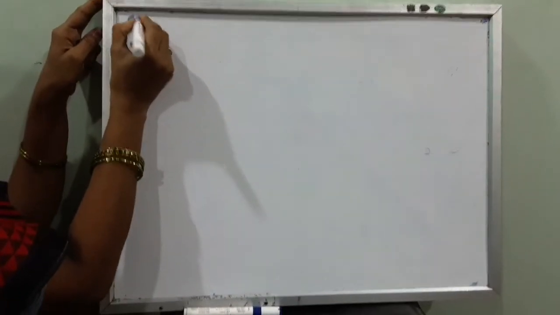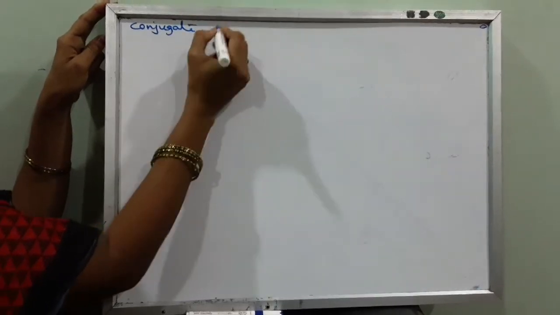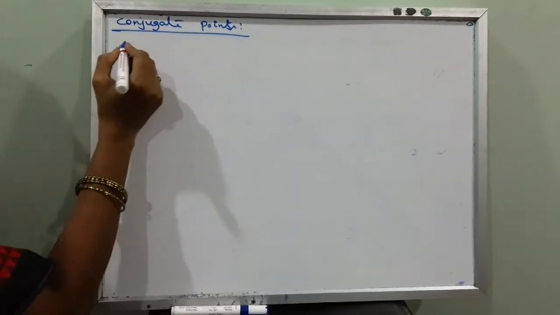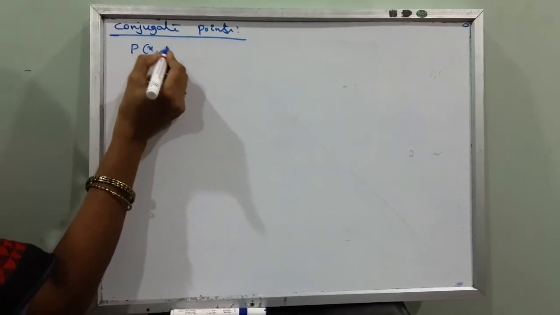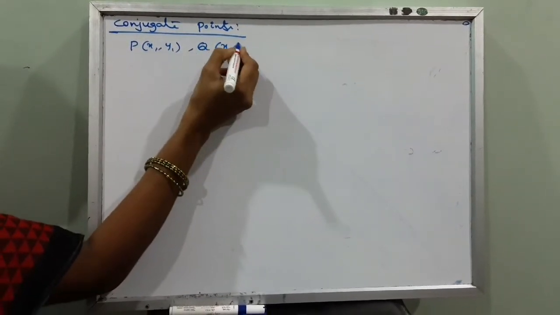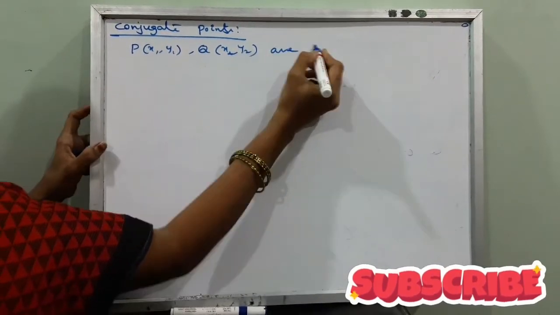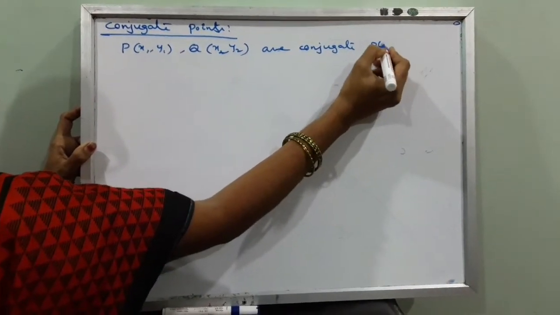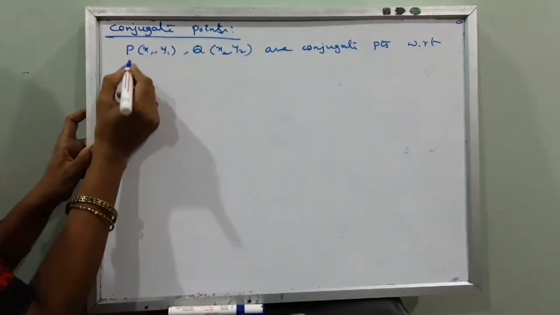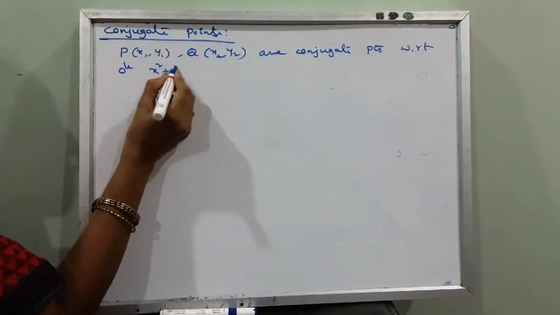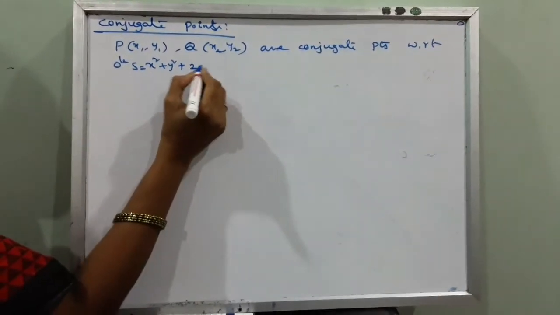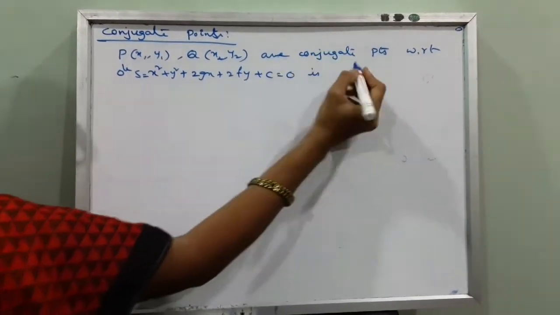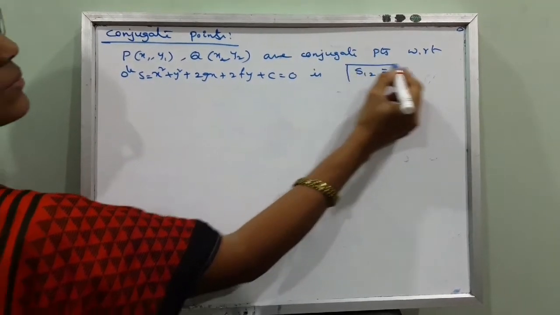Now the next concept is conjugate points. If P(x1, y1) and Q(x2, y2) are conjugate points with respect to the circle S = x square plus y square plus 2gx plus 2fy plus c = 0, then S12 is equal to 0.